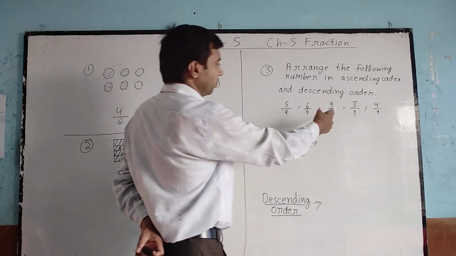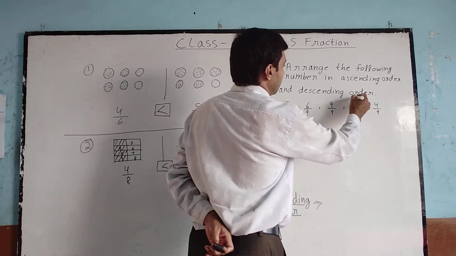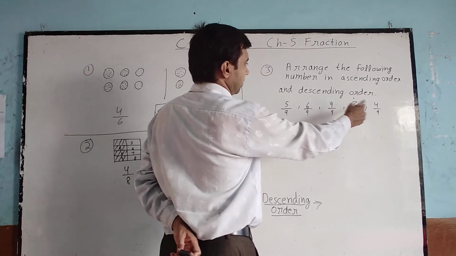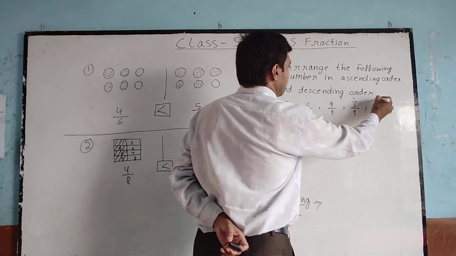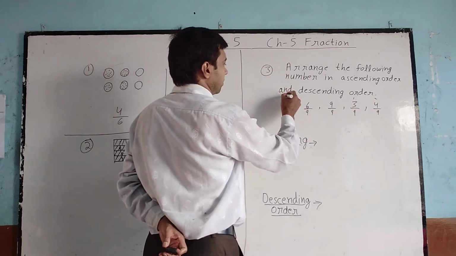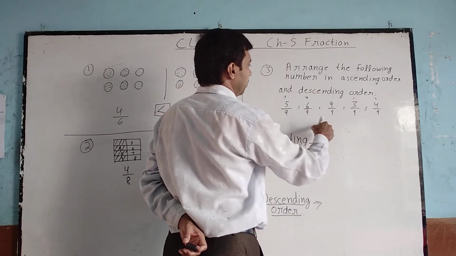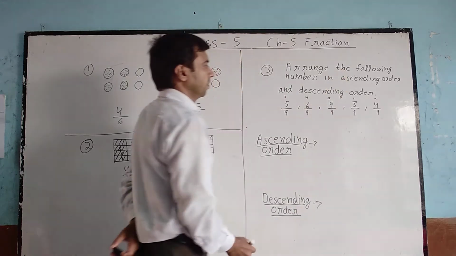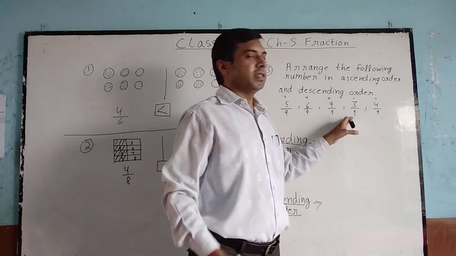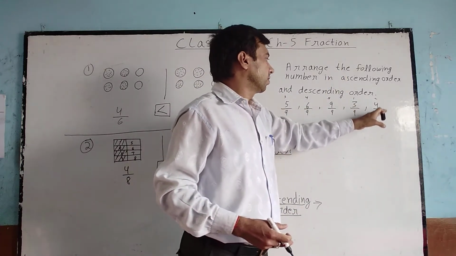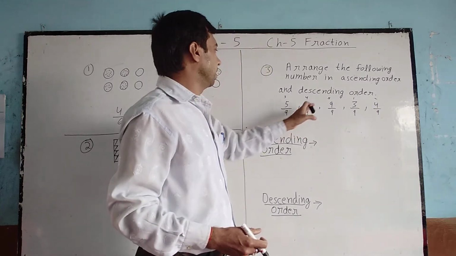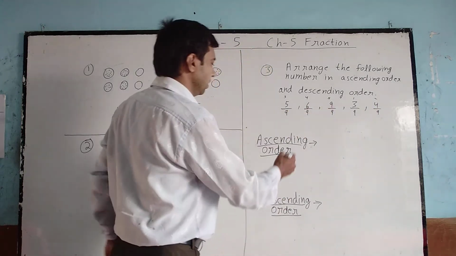So see which one is smaller: 1, 2, 3, 4, 5. 3 by 9 is the smallest fraction. Afterwards 4 by 9, then 5 by 9, then 6 by 9, then 9 by 9.